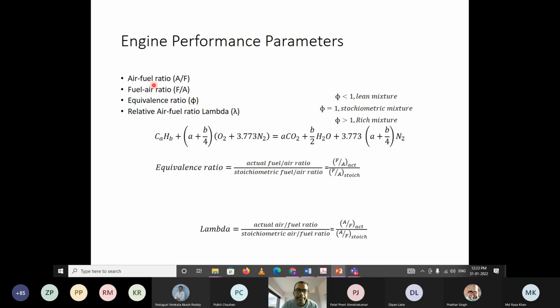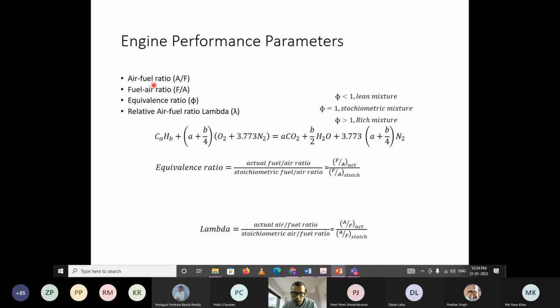When the engine is running at a given operating condition, your engine is equipped with several kinds of sensors. You have already studied how we can measure the mass flow rate of the air and how we can measure the fuel flow rate.